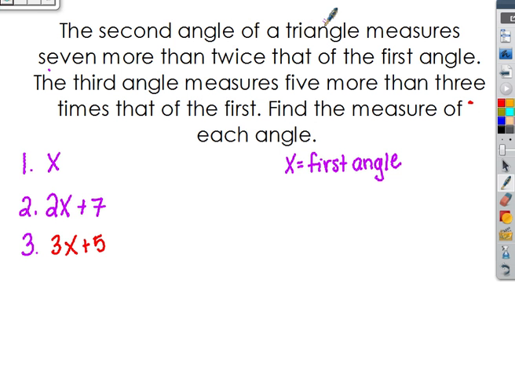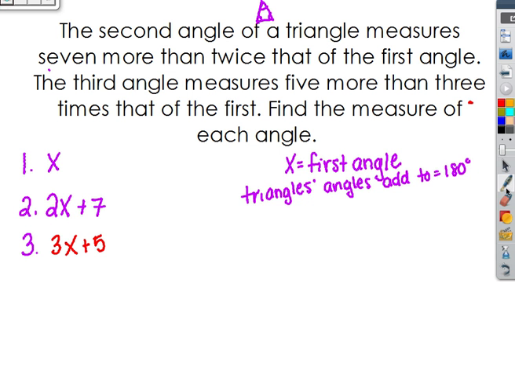It tells me that this is a triangle. So knowing what I know about the interior angle measures of a triangle, if I have a triangle, and I add all these angles together, I should get 180. Okay, so we might want to jot that down, that triangles' angles add to equal 180 degrees.